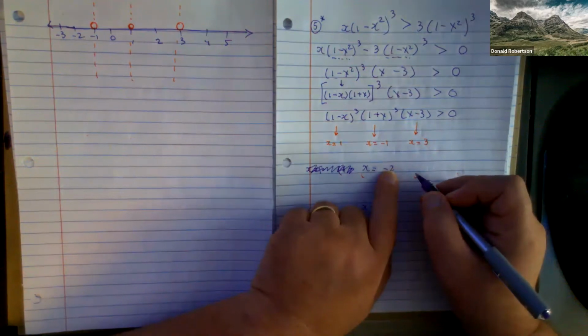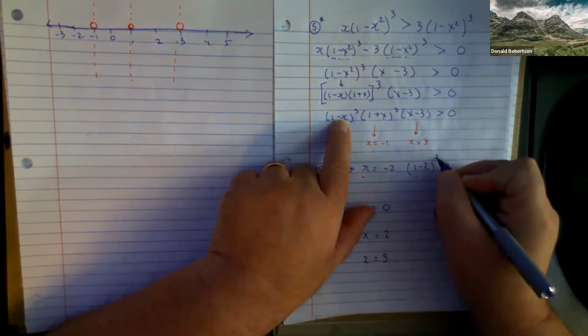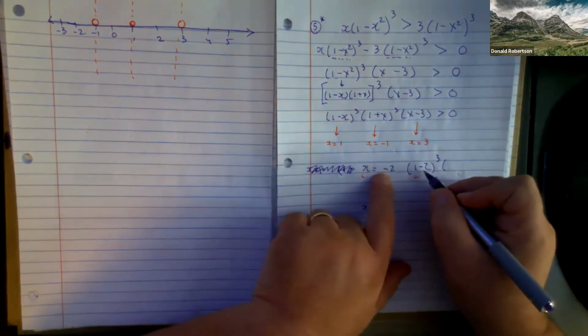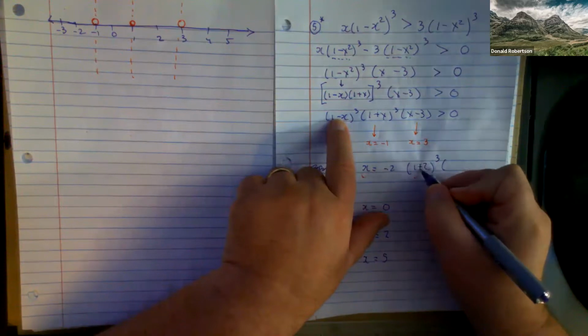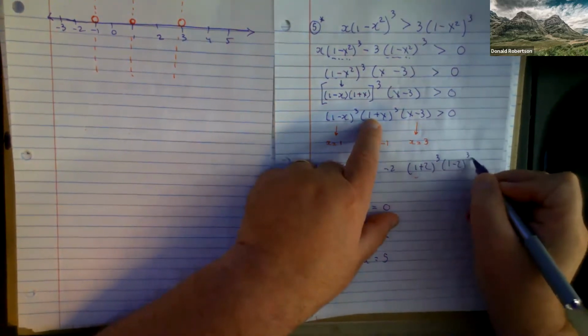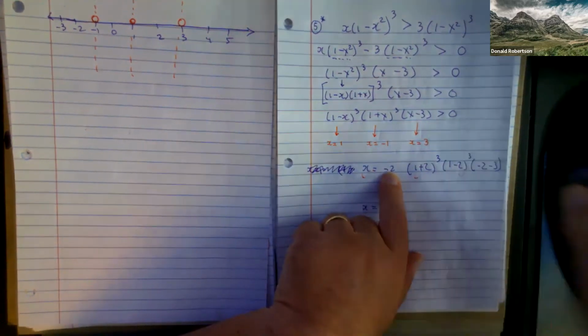Now, for x = −2, you're going to have (1 − (−2))³, and I made that mistake here. It's −2, so 1 take away −2 is 1 plus 2. Then it's going to be (1 + (−2))³, and that guy there is going to be −2 − 3.